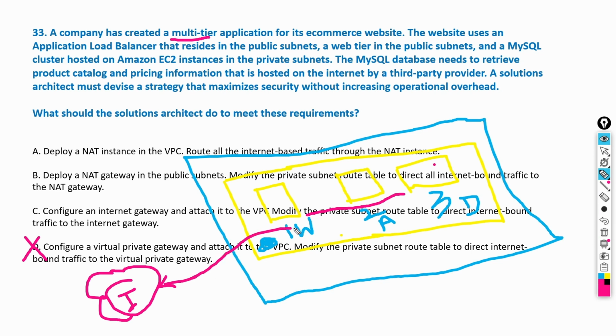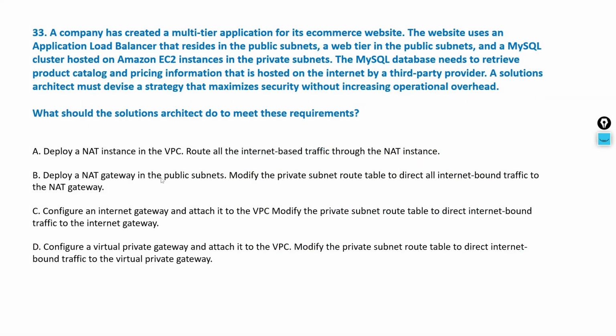But how will you go? The database can't directly access the internet, so you need to deploy a NAT gateway in the public subnet, and you can modify the route tables also. So option B is the correct answer: deploy NAT gateway in a public subnet, modify the private subnet route table.